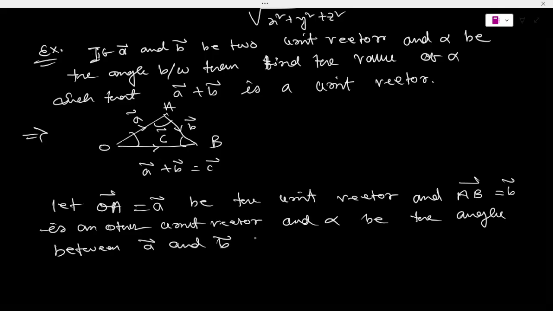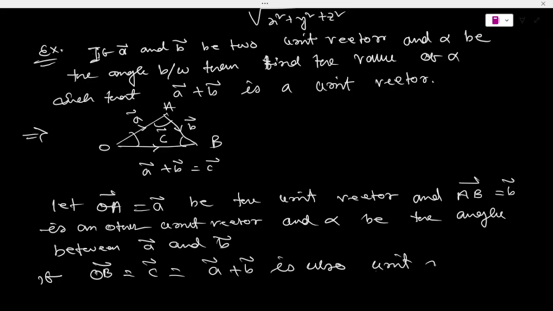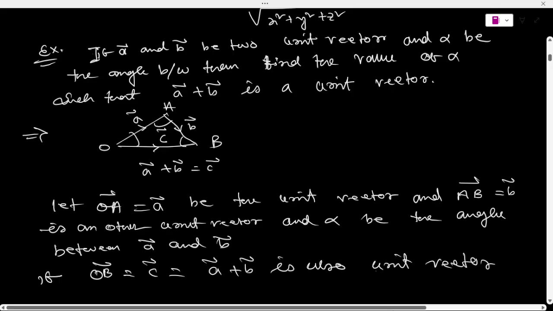So if OB vector is equal to c vector, then a vector plus b vector is also a unit vector.